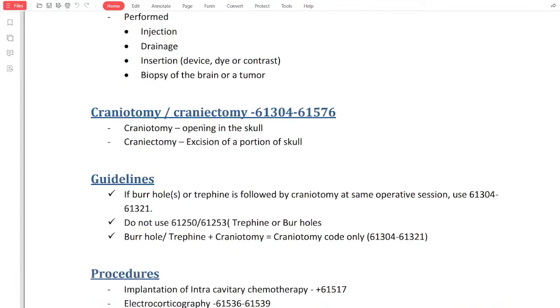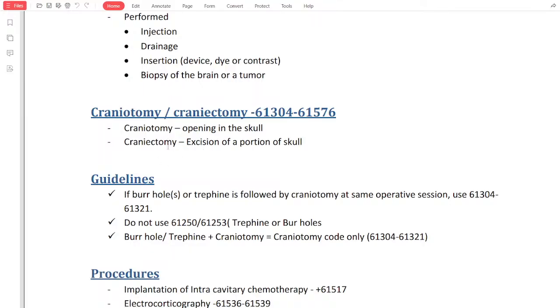Next is craniotomy or craniectomy. The code range is 61304 to 61576. Okay. So craniotomy, otomy means opening in the skull. And craniectomy, ectomy means removal. Clear?